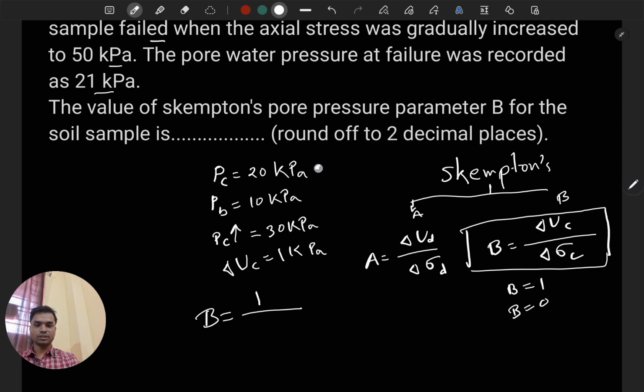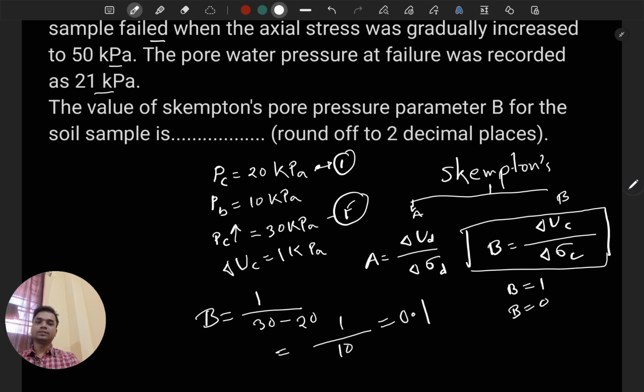This is the cell pressure initially, this is the initial, and this is the final. Then the change becomes 30 minus 20, which is 10, so B is equal to 0.1. Then your answer, rounded off to 2 decimal places, is 0.10.